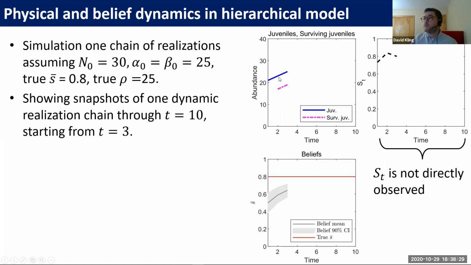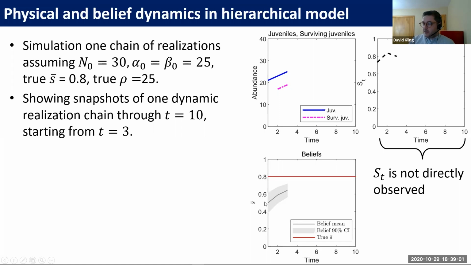What you do observe is the relationship between initial juvenile production and juvenile survivorship. So I've generated this chain of the process again without harvest, and I'm going to show it through period t equals 10, starting from period 3, since you needed a couple of periods to generate an observation of survivorship from an initial population.